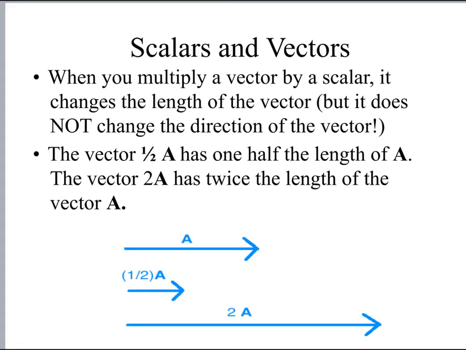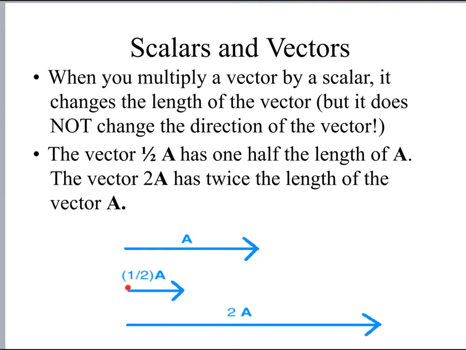Now, we just talked about how different lengths of vectors represent different magnitudes. And so you can actually quantify that mathematically by scaling the length of the vectors with a scalar. In other words, let's look at these three vectors at the bottom. We have this vector A, which is pointing to the right, and then I've drawn a vector that's half the length of A. Now, those are directly related.